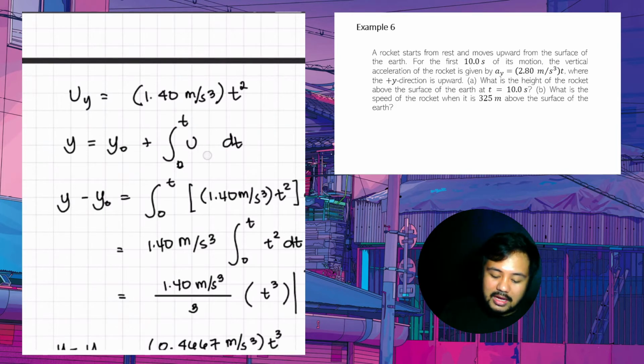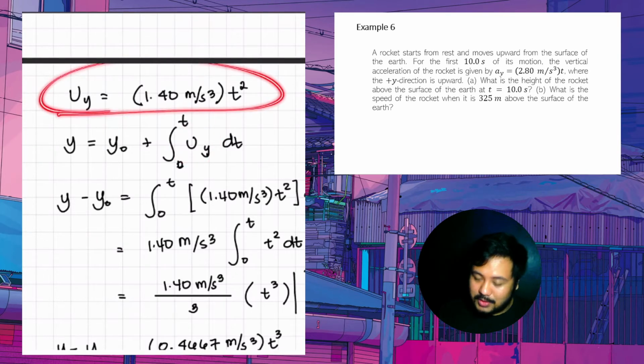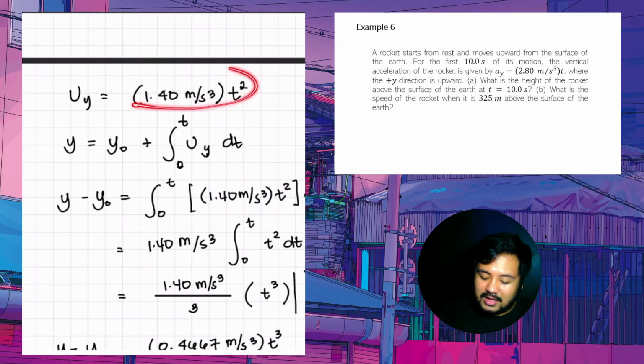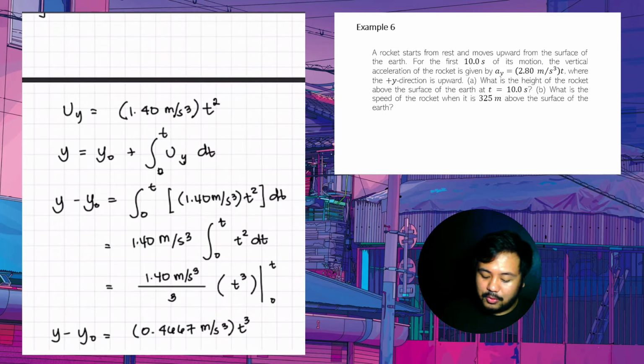This could be vy. We already know the equation for vy. We got that one from the previous one. So we substitute this value going here. Okay, so we have here y minus yo. Take note, this is what we were looking for earlier. The change in y, the height of our rocket after 10 seconds.